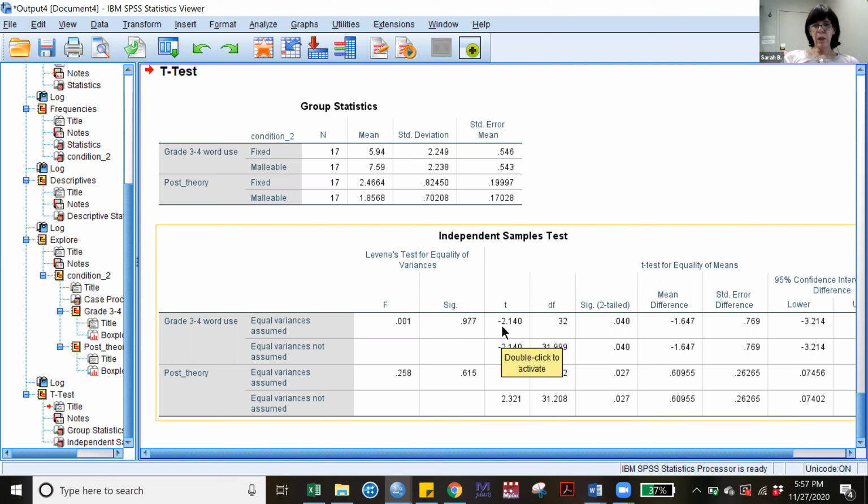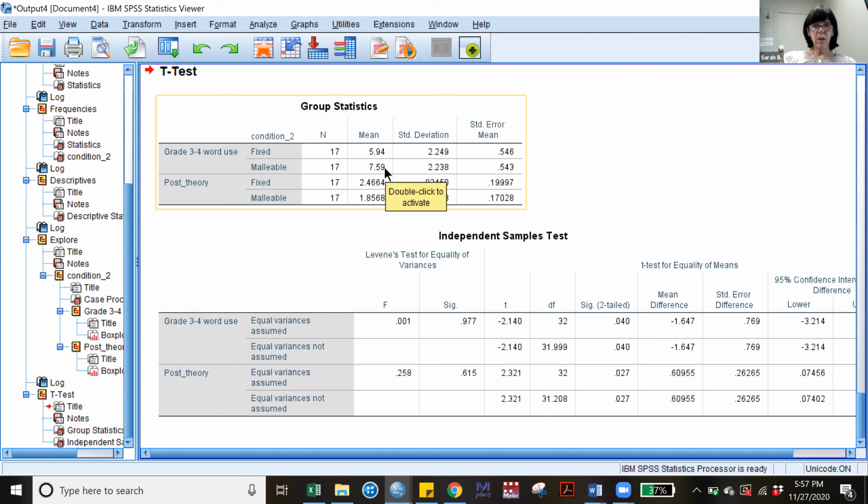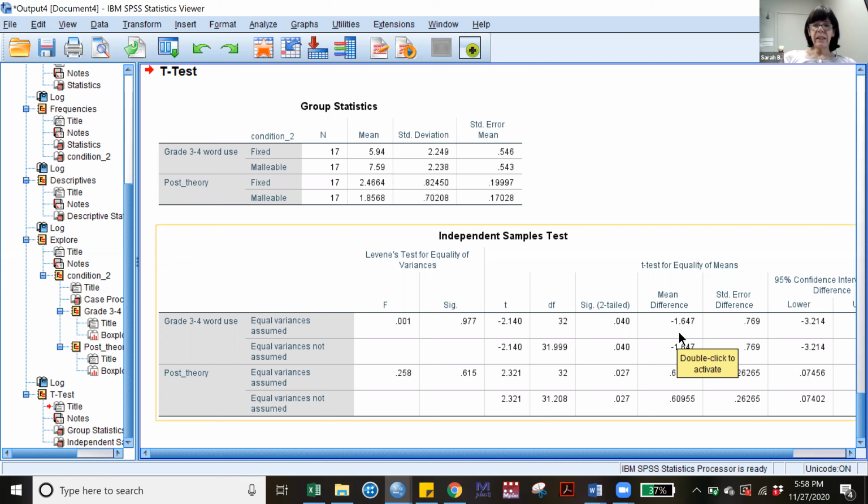The t-value is negative 0.14, which is the same as this difference in means. Oh no, that's as this difference in means, I'm sorry. And the standard error of the difference between the two sample means is 0.769.